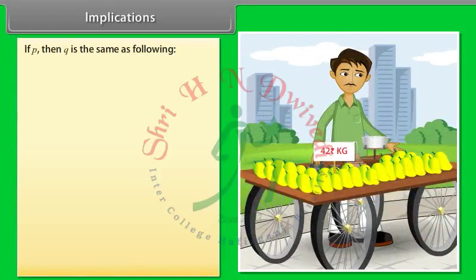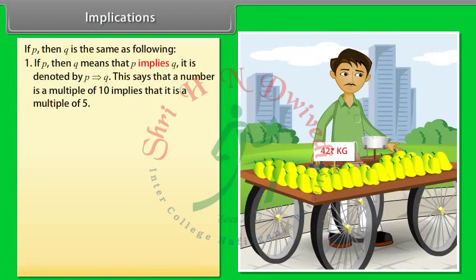If P, then Q is the same as the following. If P, then Q means that P implies Q. It is denoted by P ⇒ Q. For example, this says that a number is a multiple of 10 implies that it is a multiple of 5.